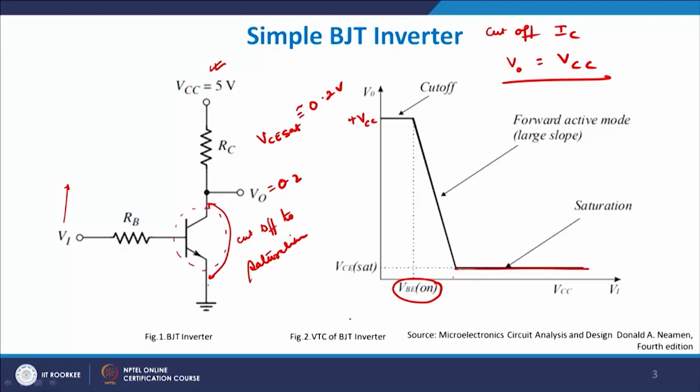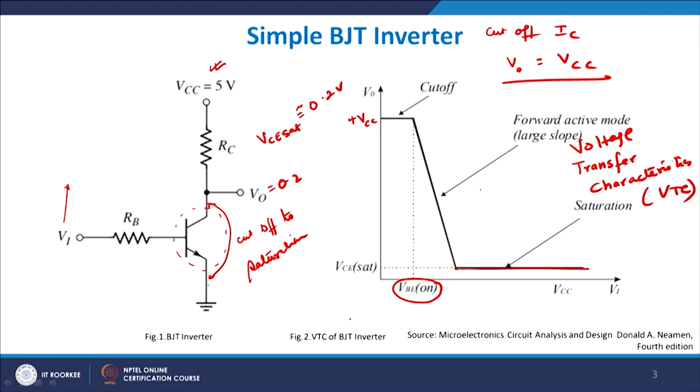As we have also discussed in an earlier part, if you look at this curve of Vi versus Vo, this is basically your voltage transfer characteristics, also referred to as VTC.